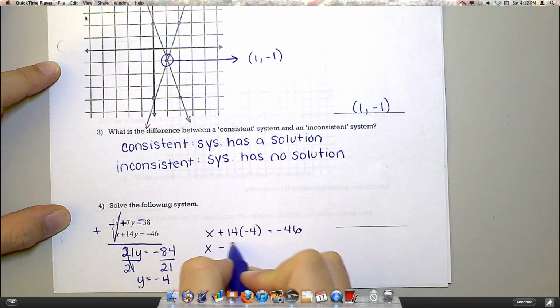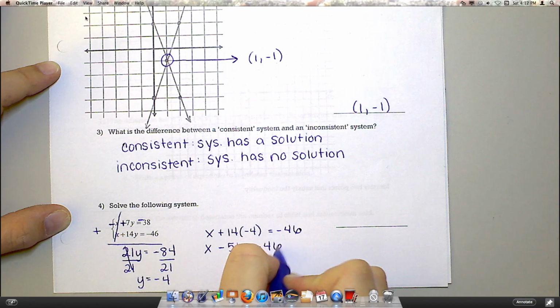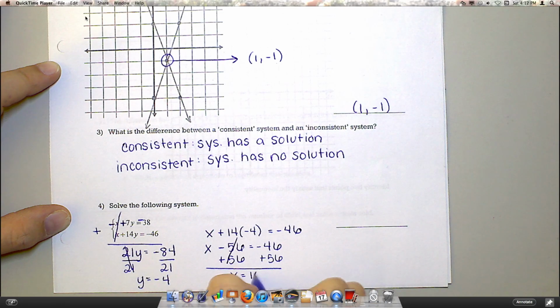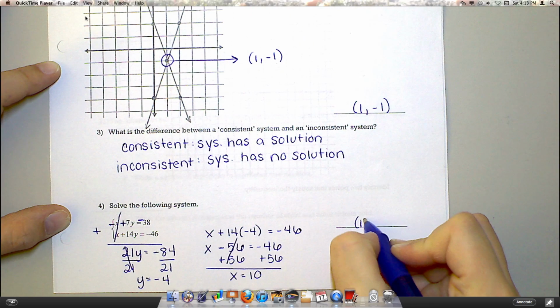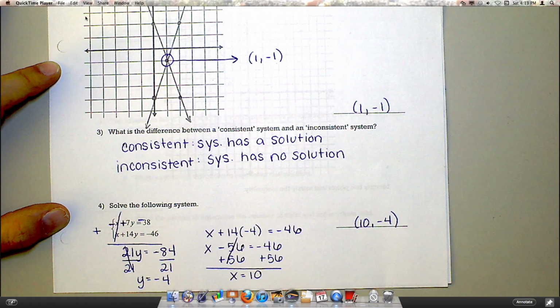So this really says x minus 56 equals negative 46. Add that 56 to both sides, and you end up with x equals 10. So your coordinate would be 10, negative 4. Okay, that's it for page 1.